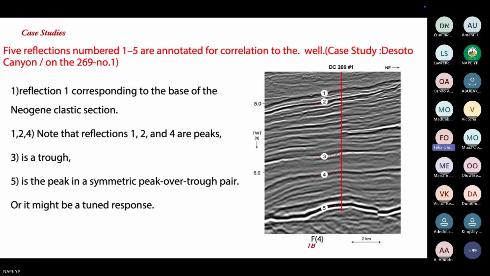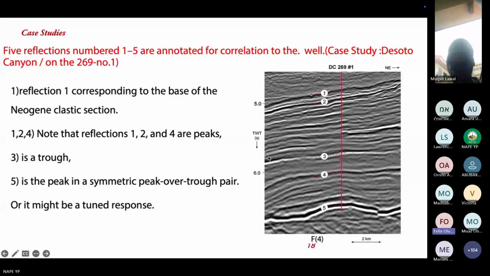Okay, sir, so you can see the numbers 1, 2, 3, 4, 5. If my well is on this, numbers 1, 2, 3, 4, 5 are the events you are supposed to tie to your synthetics. Don't bother about where you have this chaotic event; there is no way you can tie that one. But if you move to the right part where my cursor is, towards this northeast, can you see this strong event in the middle, between 2 and 3?